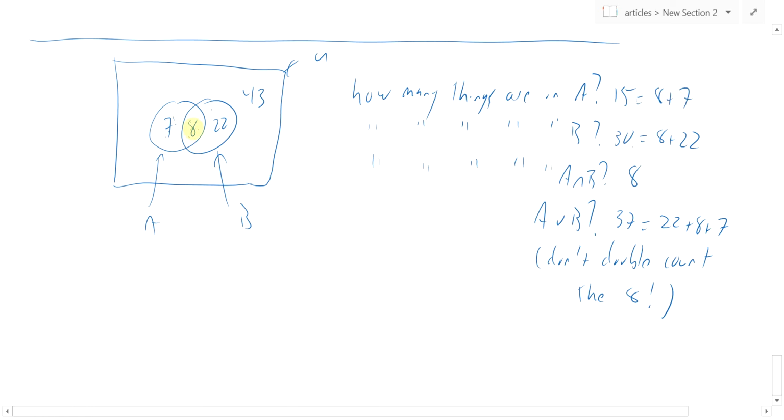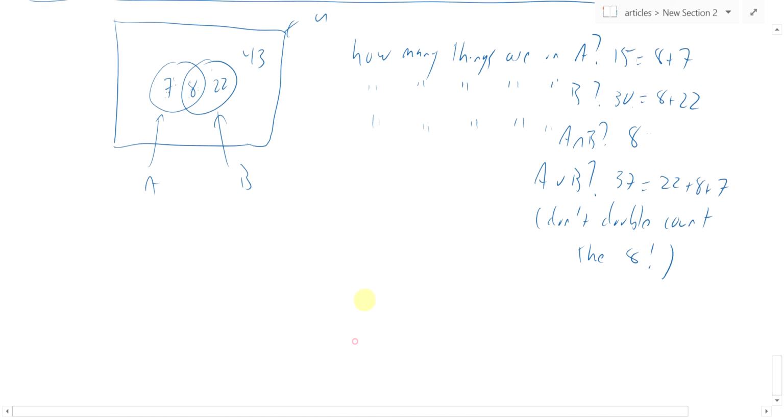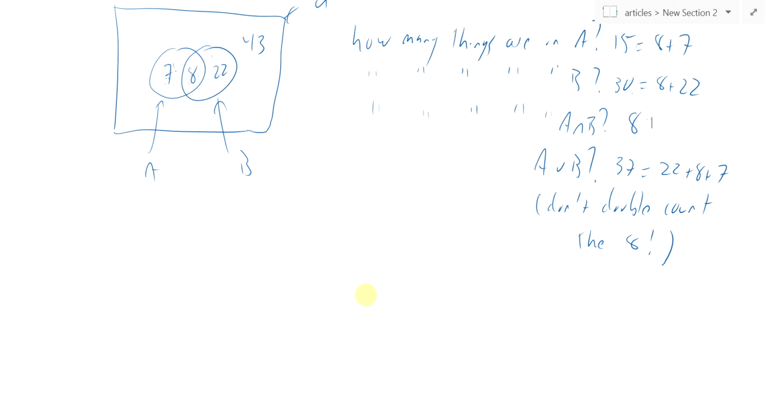So A is 8 plus 7, B is 8 plus 22, but A union B, that's 7 plus 8 plus 22, don't count that twice. So it's not just the stuff in A plus the stuff in B, it's the stuff in A and B, but don't double count the intersection. And we'll talk about that some more later in 7.3, I guess.